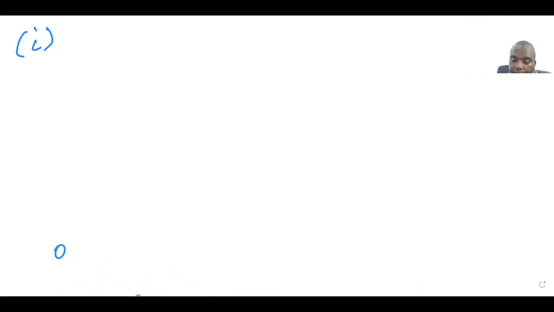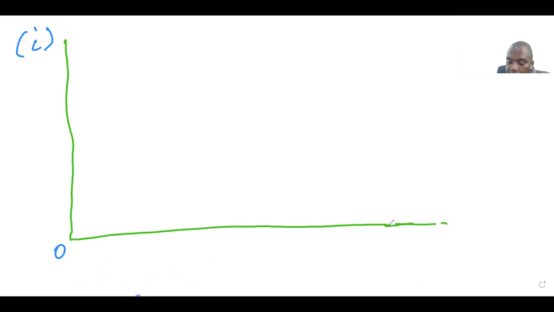So still we've got our Y on the horizontal axis, and our capital letter R or I, I will just use the I for consistency, for the interest rate on the vertical axis.